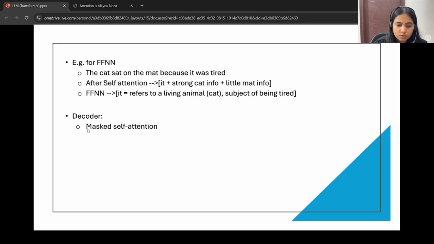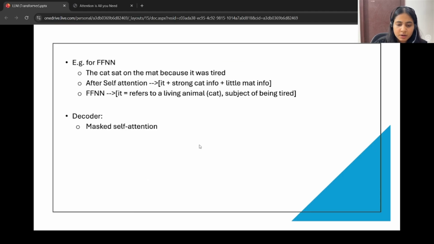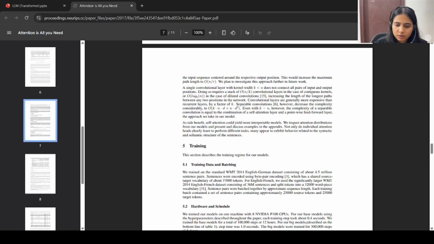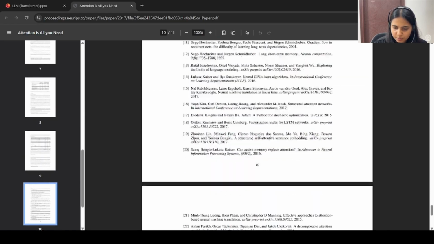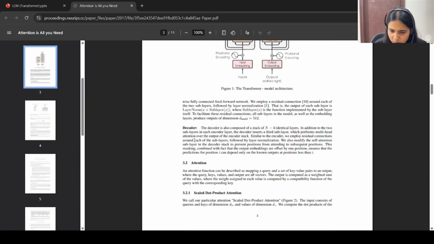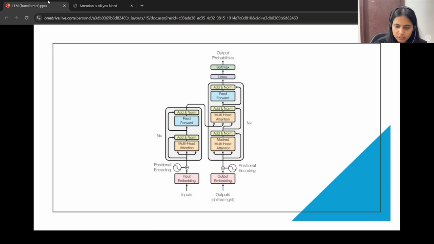We already discussed that in the decoder, this is not a normal self attention, this is a masked self attention. And this is the diagram from the "Attention Is All You Need" research paper. You can refer to it here.